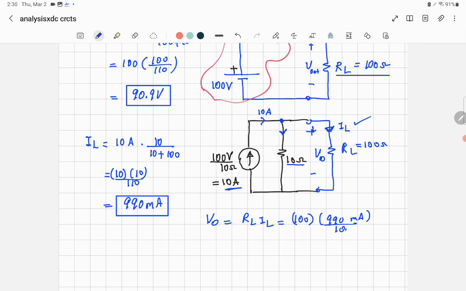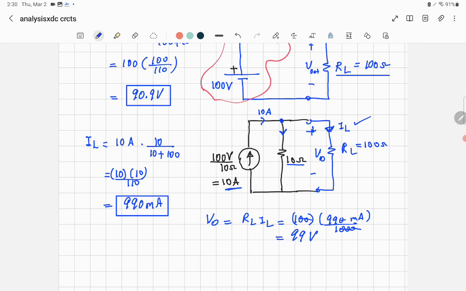If you divide by 1000 to make it amp, you'll get about 9.09 volts, close to the other answer because we round the answer.